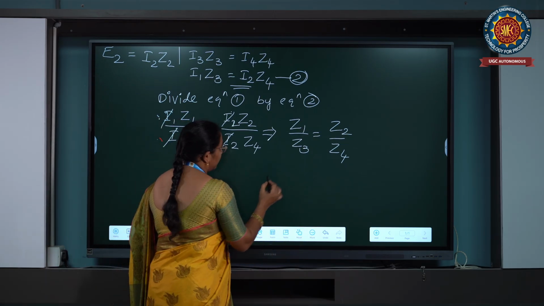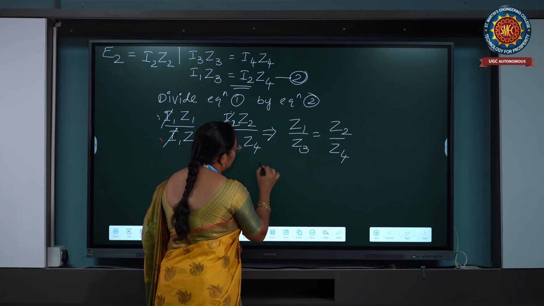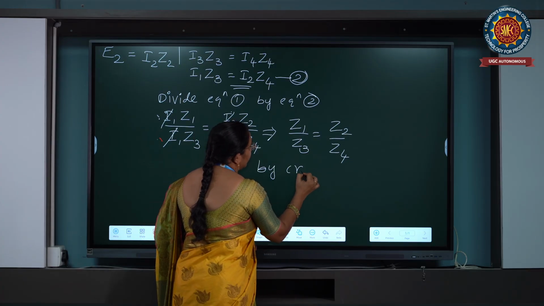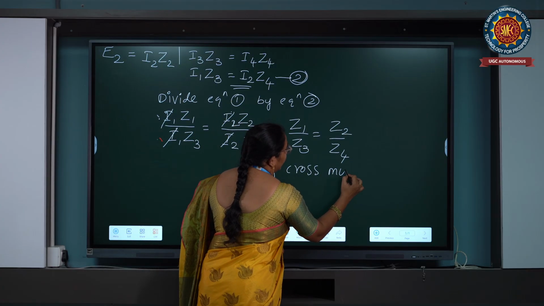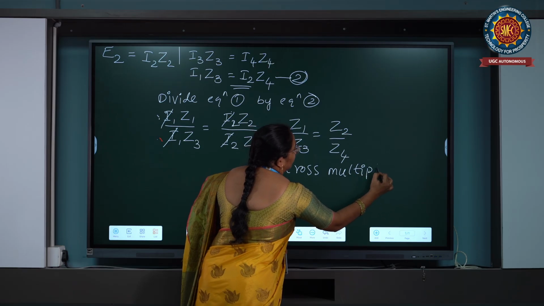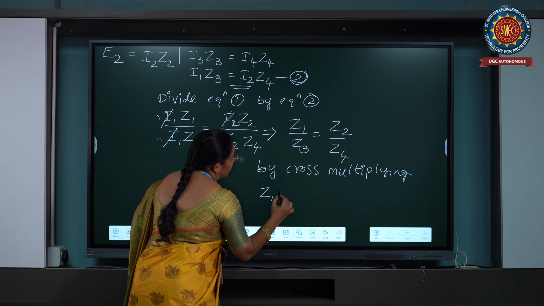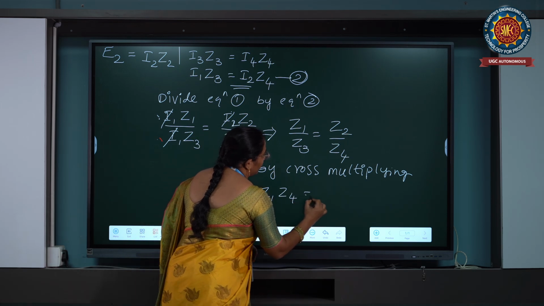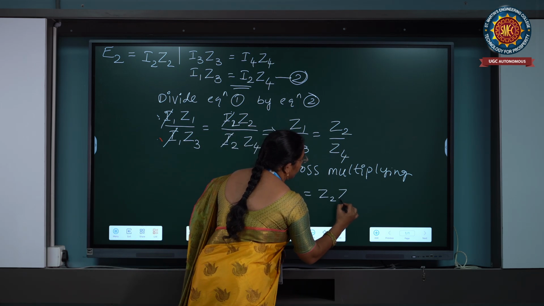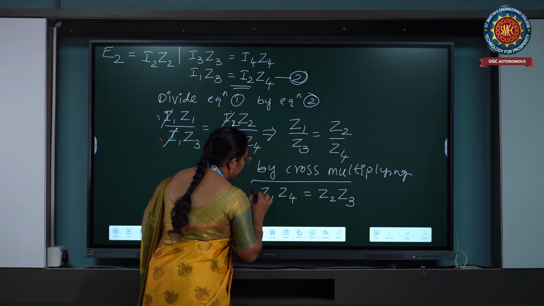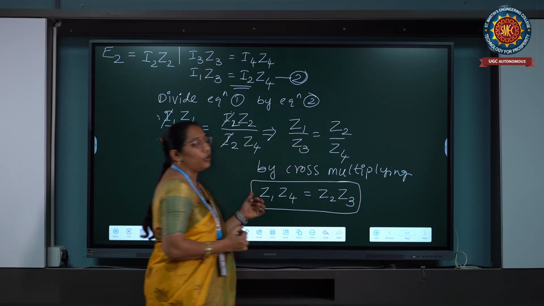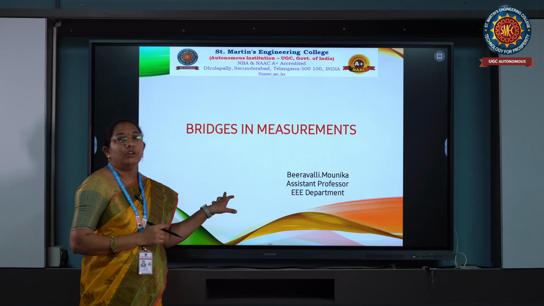From this we can write by cross multiplying Z1 Z4 is equals to Z2 Z3. This is the balance equation for the bridges.